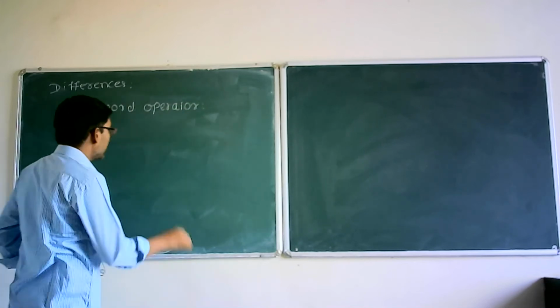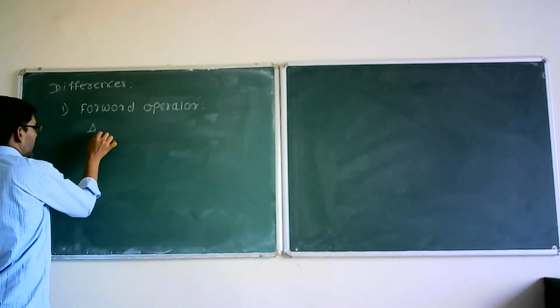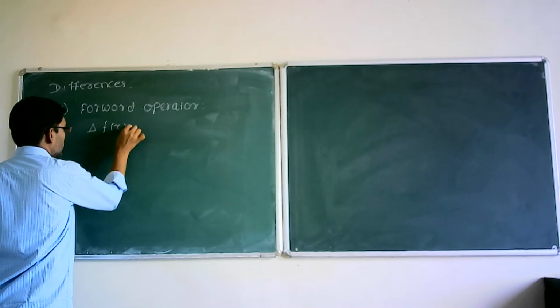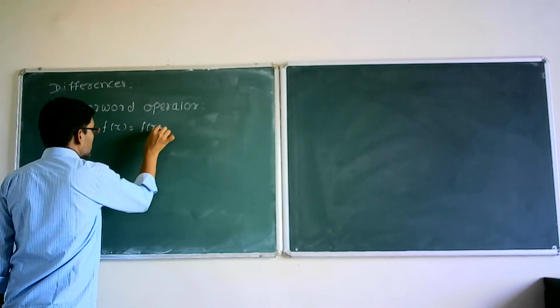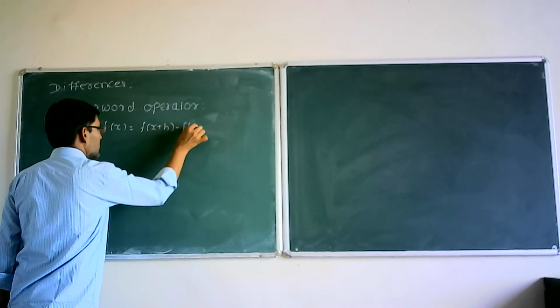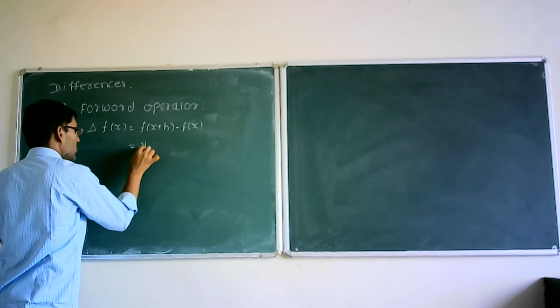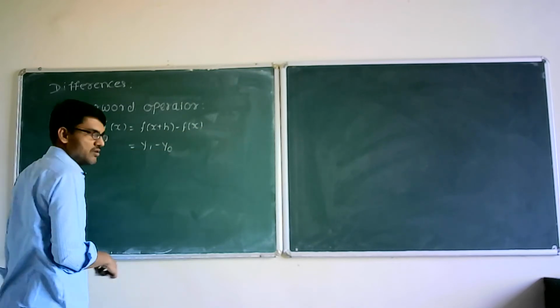It is denoted by delta, and delta of f of x is equal to f of x plus h minus f of x, or it is y1 minus y0.